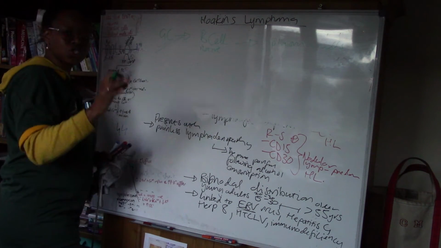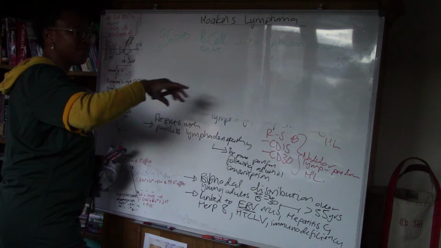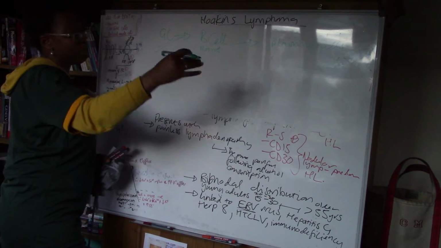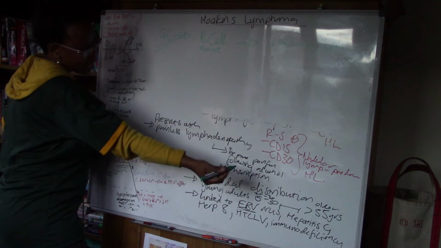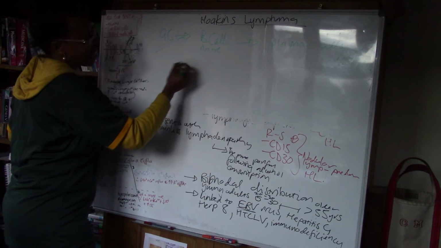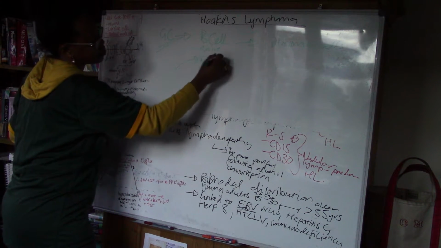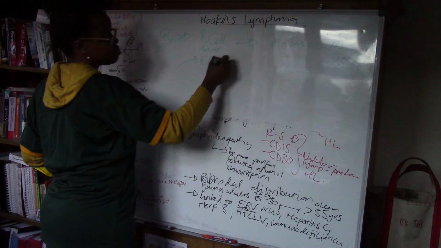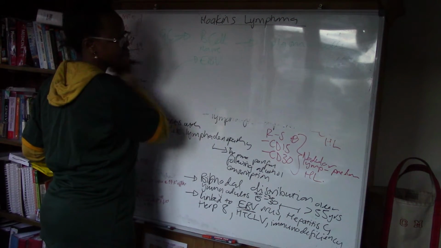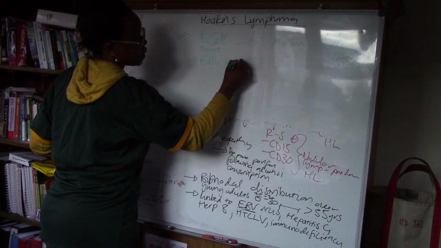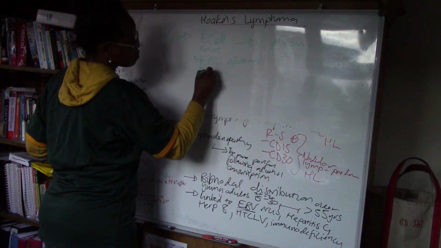So during that stage of rearrangement, we can say an infection with EBV occurs and becomes transformative.